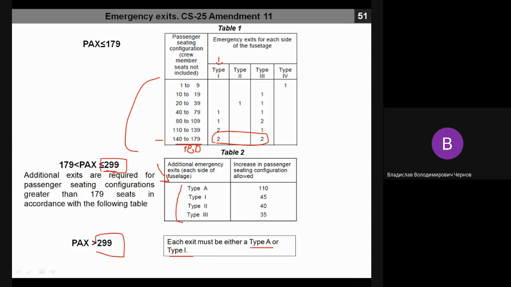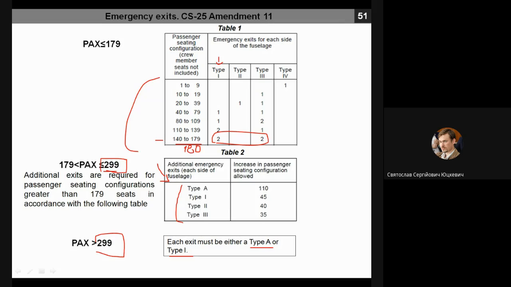This doors is only emergency doors. What about entry doors? So any doors on airplane in modern airplane will be also an emergency doors. So enter door or exit door will be also emergency exit. Okay, okay.